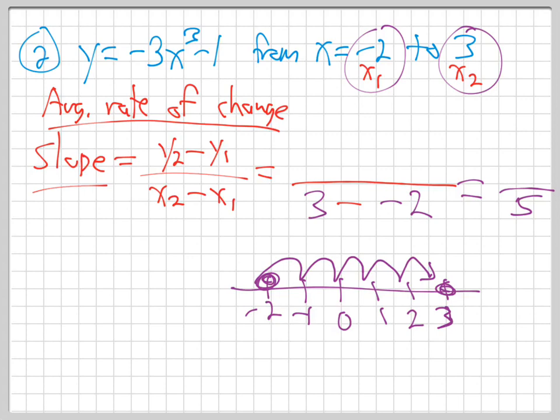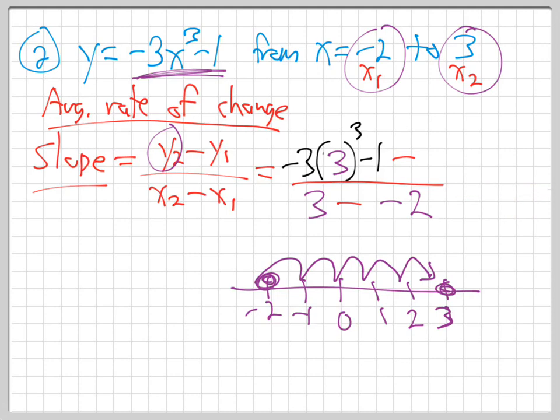All right. Now on the top, what are we going to do? How do we find y2? What does that mean, y2? Well, these are the y values. You've got to take that formula and plug in the 3. Let me make this more clear.